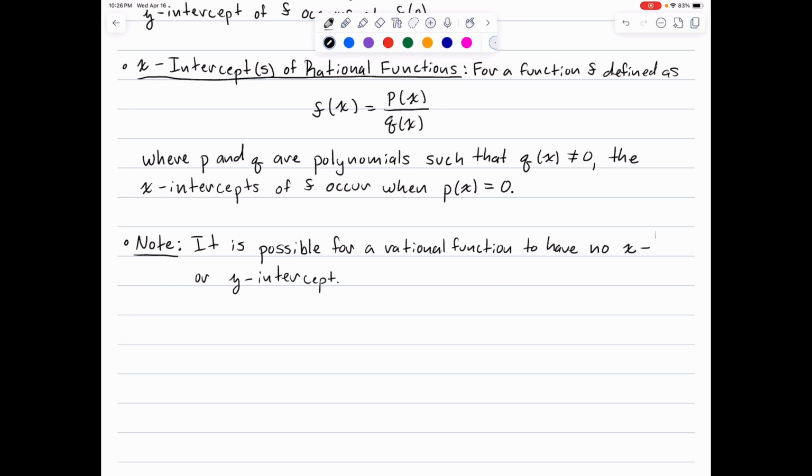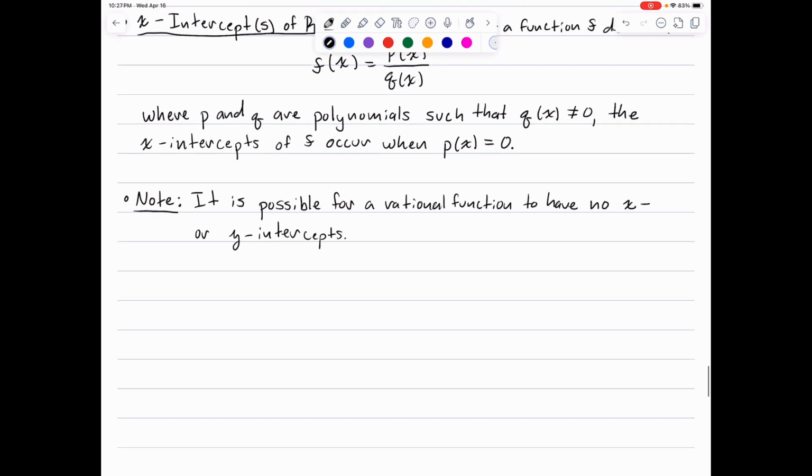So it's possible for a rational function to not have any due to asymptotes. So they might not have any x or y-intercepts due to asymptotes. Okay? So let's do an example.